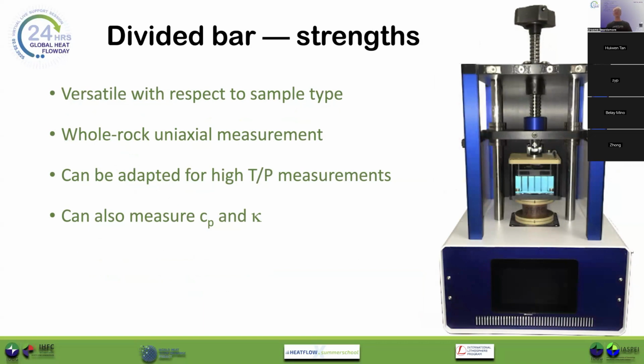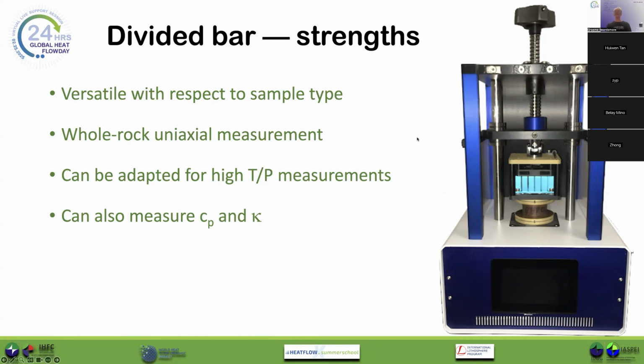So the strengths of the divider bar as an instrument: it's a planar heat source which applies a known heat flow in a uniaxial direction through a sample. It's quite versatile with respect to the sample type that can be measured. It gives a whole rock uniaxial measurement, which is typically what we want if we're doing heat flow work. If we have a temperature gradient, we want to know the whole rock thermal conductivity in a uniaxial direction to turn that temperature gradient into a heat flow.